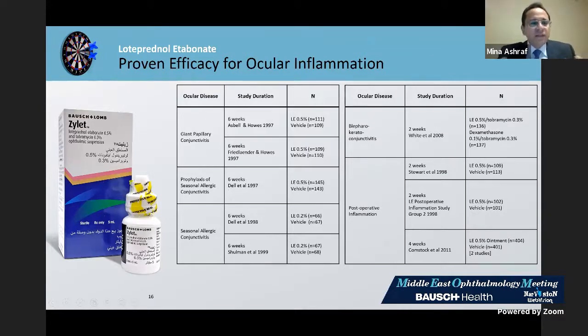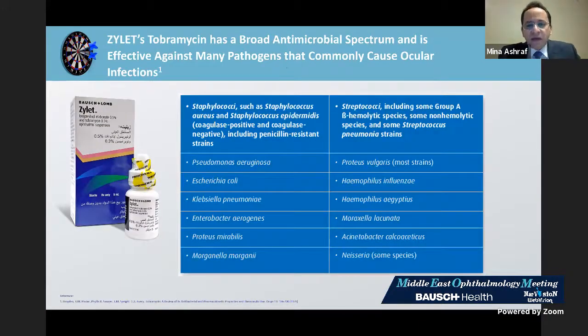So this is loteprednol etabonate, which is the primary component of Zylet. Zylet also contains, in addition to loteprednol etabonate, tobramycin, which has a broad-spectrum antimicrobial effect, and it's effective against many pathogens that commonly cause ocular infections. And we see here just examples of the pathogens that are susceptible to tobramycin.